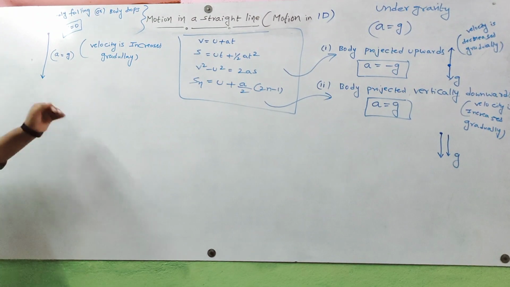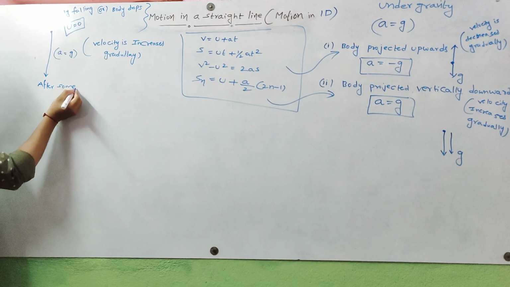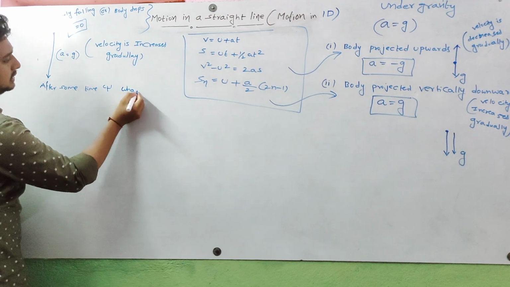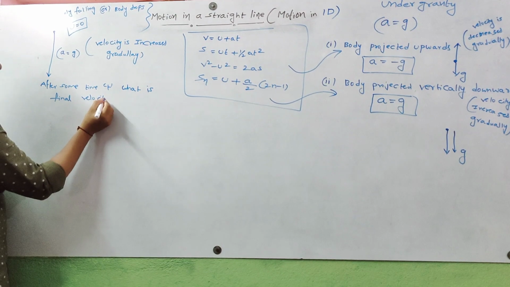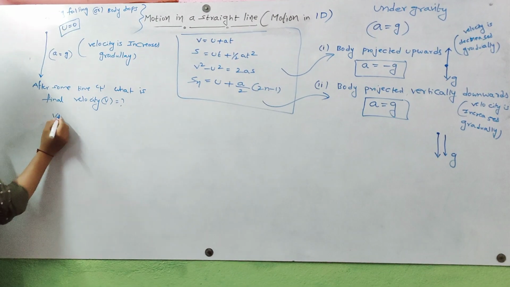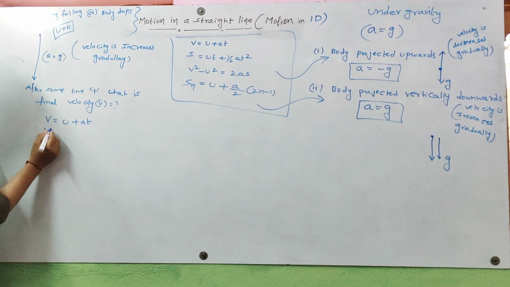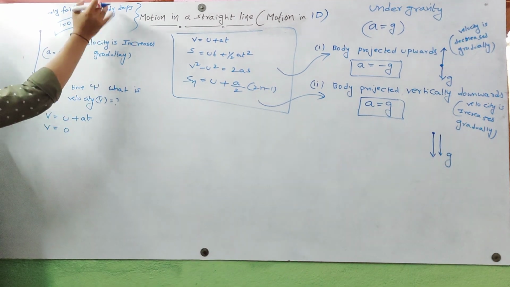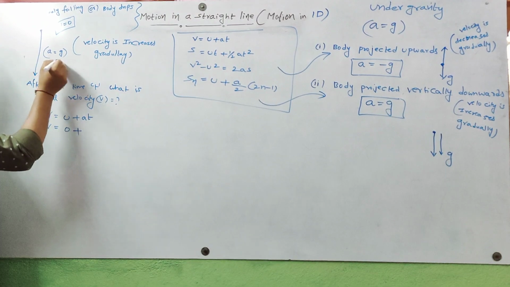Now after some time t, what is the final velocity V? From the first equation, V is equal to U plus AT. Here U is 0, because it is a freely falling body, our body drops, so we consider the initial velocity 0, plus acceleration plus g.